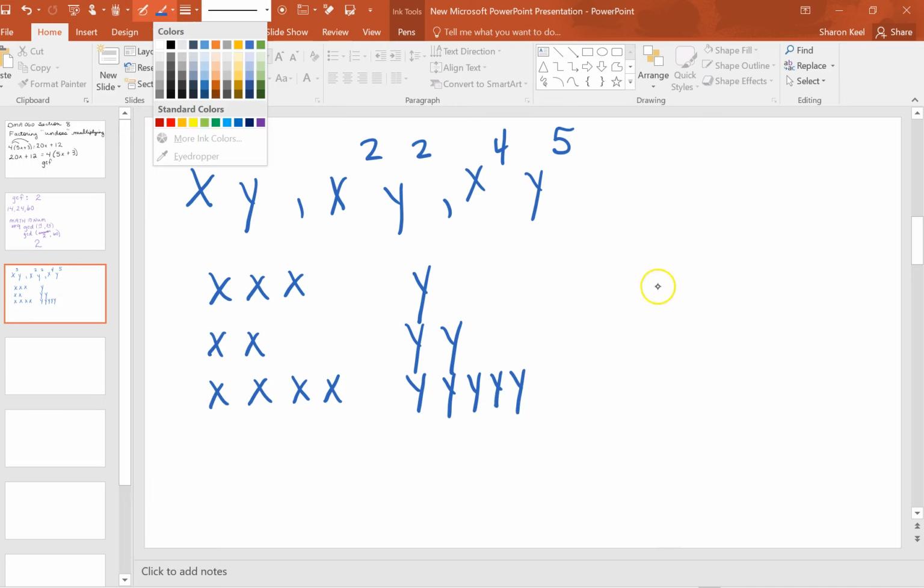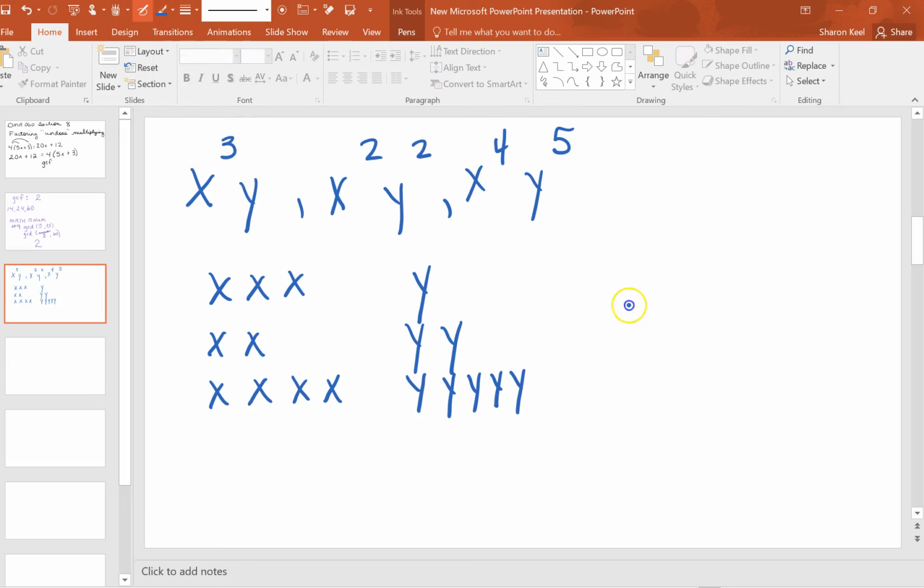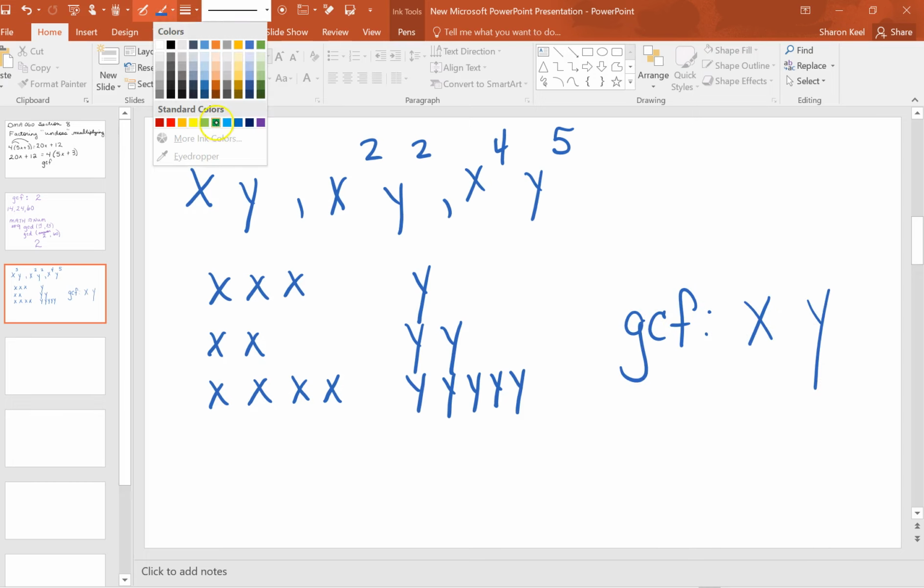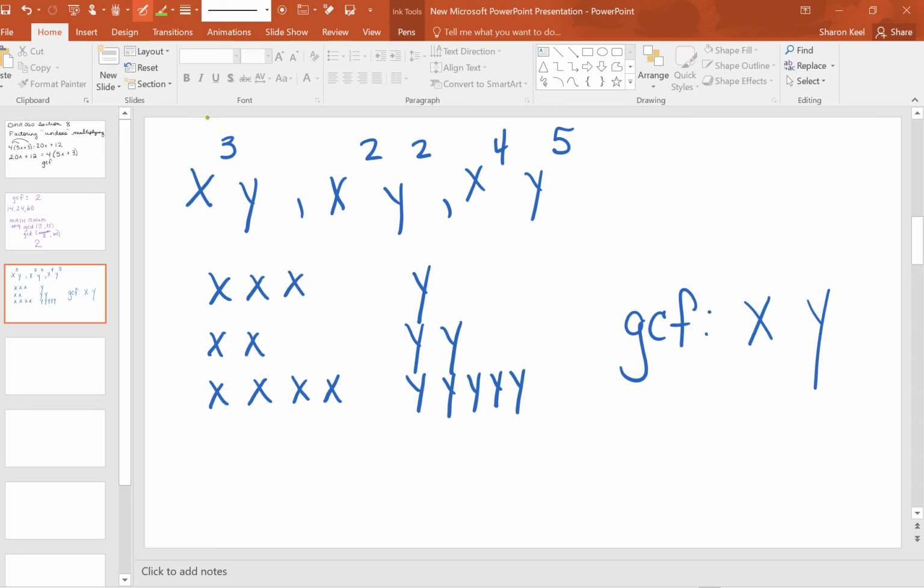So when I find the GCF, greatest common factor, we know there's going to be an x, we know there's going to be a y, but how many of each? All of them have one x. All of them have two x's.